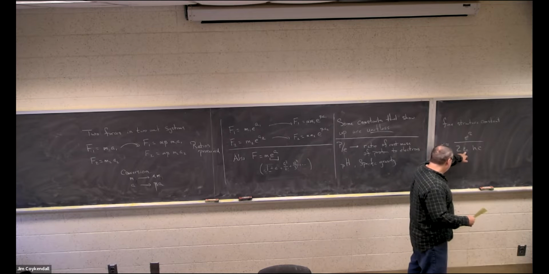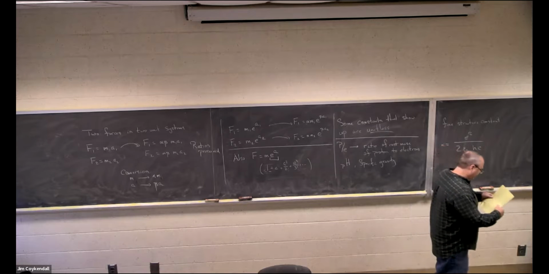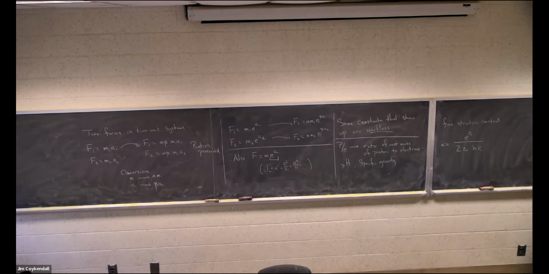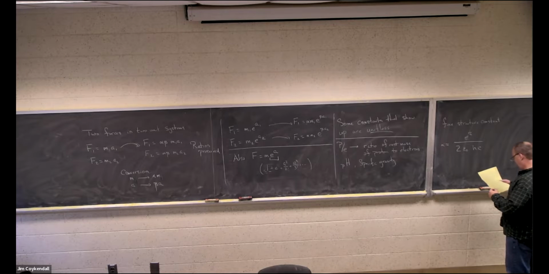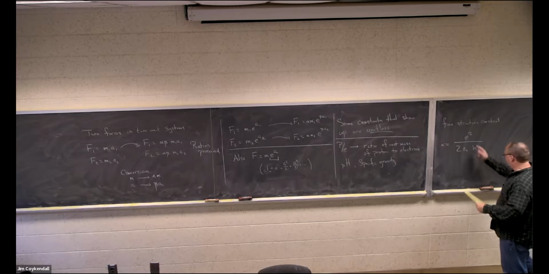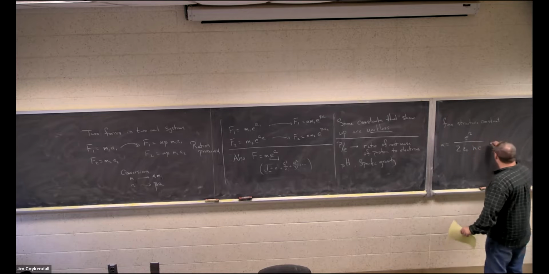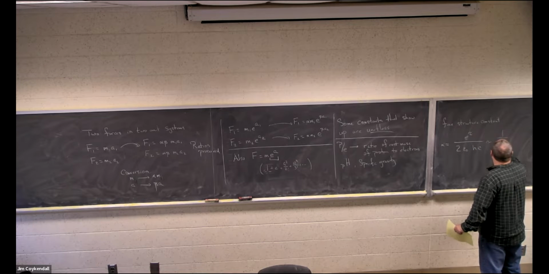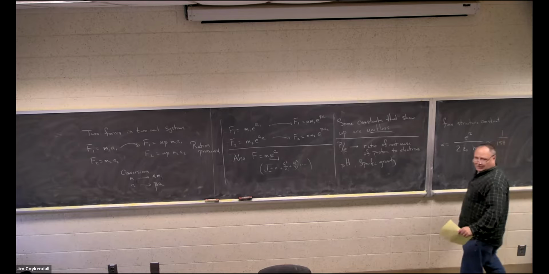Epsilon 0 is called the electric constant, and it basically quantifies the strength of various electromagnetic interactions between elementary particles. And the e on top is the elementary charge, squared. This is approximately 1 over 137 and a little bit more.